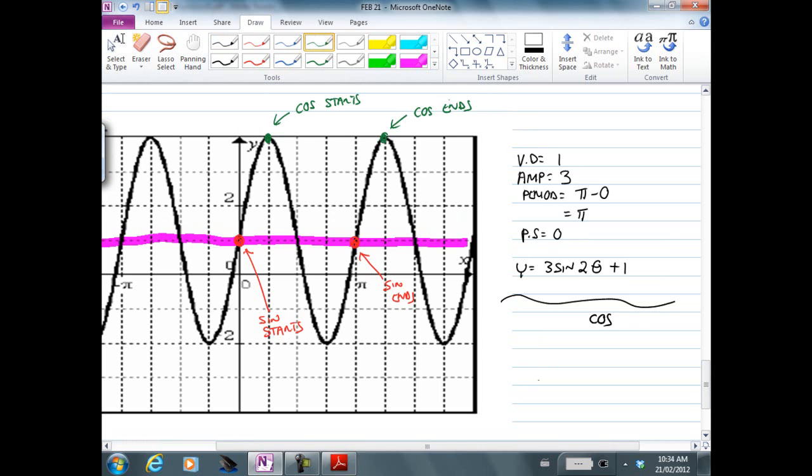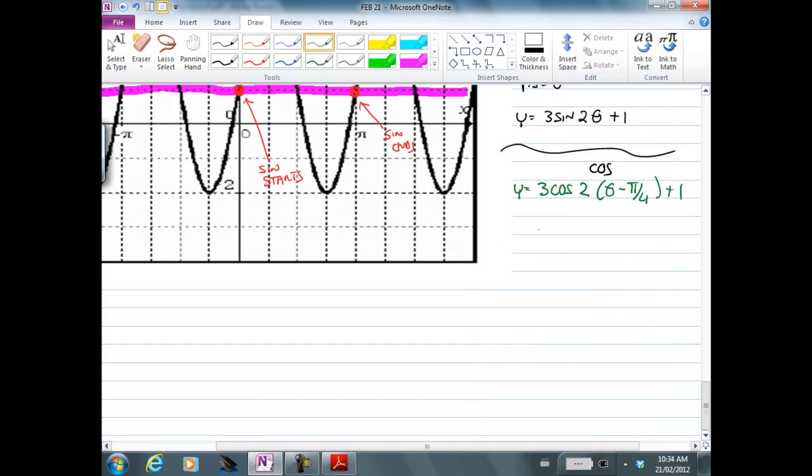Everything stays the same. Only the phase shift changes. So your equation, y equals 3 cos 2 theta minus pi by 4 plus 1. See? I don't have to calculate everything else because I did it already. It's done. Guys, gals, that is how you do question number 2.